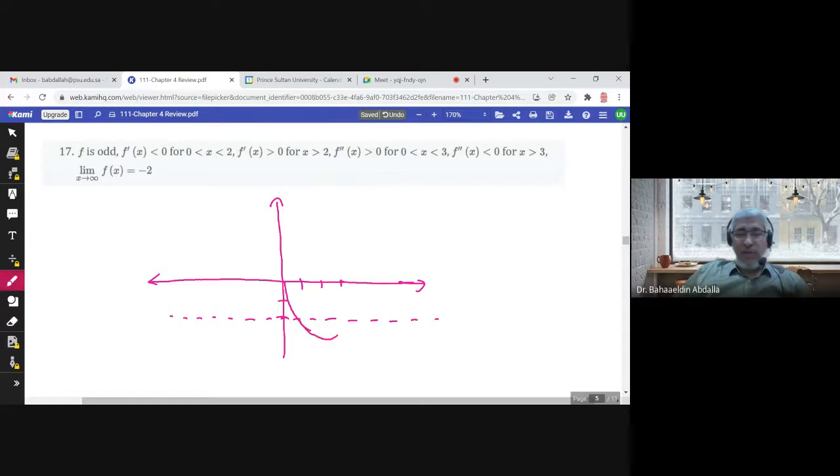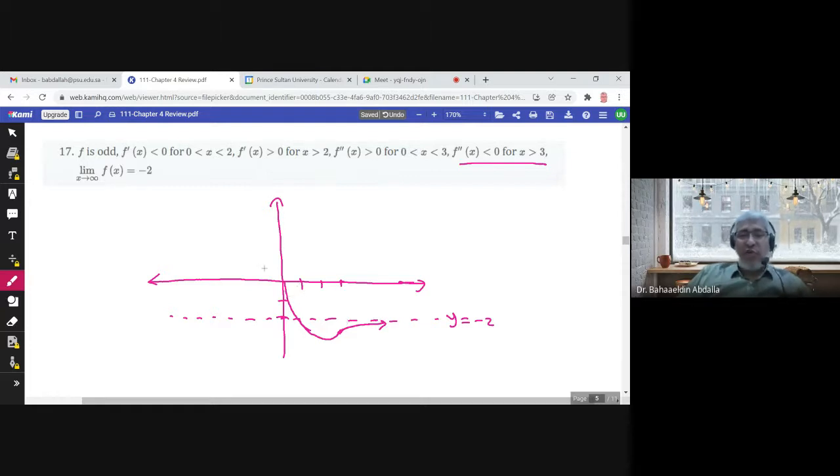Maybe up to 3, and then it goes like this. So it has to approach the asymptote from below. If you took it up and approach the asymptote like this, it is concave up, not concave down. So being concave down from 3 to infinity means that it approaches the asymptote from below, not from above.